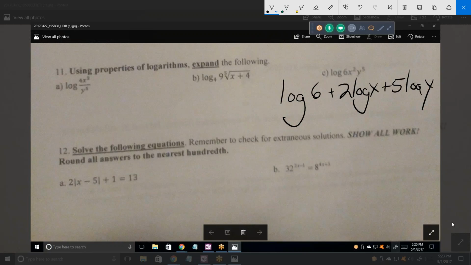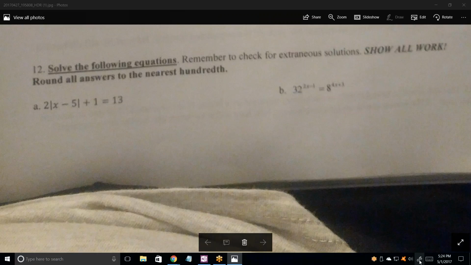Solve the following equations. Let me scroll up a little bit here so I get more screen to work with. So what's the first step here? Subtract 1. And then what am I going to do? Divide by 2. This is key because I want to isolate the absolute value.